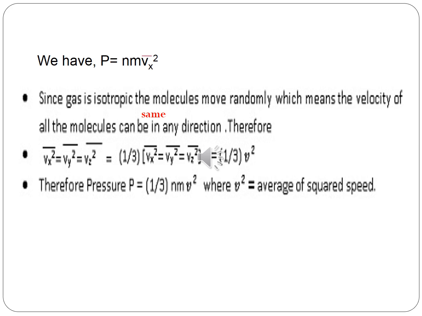Therefore, the average value of vx squared is equal to the average value of vy squared, is equal to the average value of vz squared. It should be equal to 1 by 3 into v squared. Therefore, the pressure P is equal to 1 by 3 into n into m v squared, where v squared is equal to the average value of squared speed.